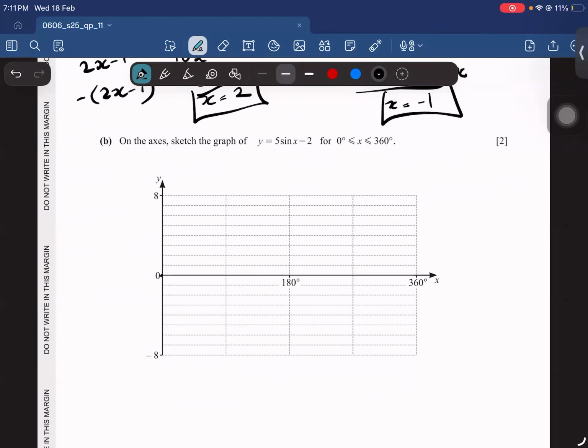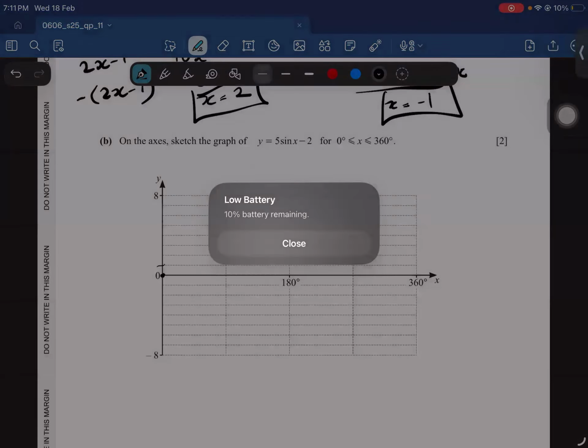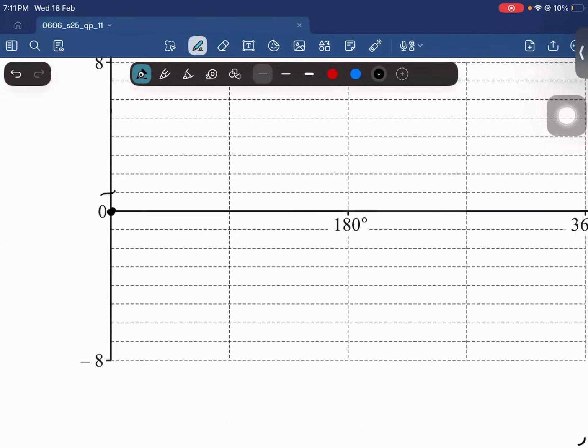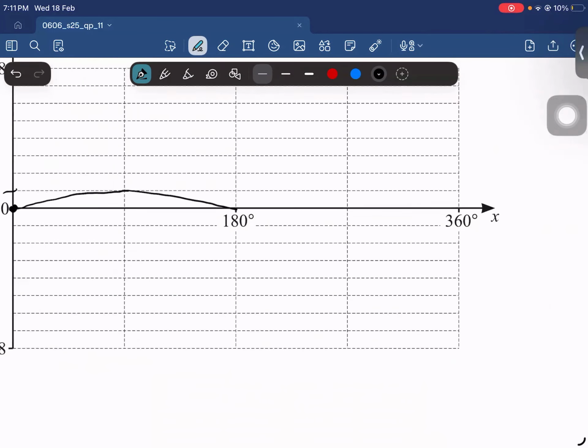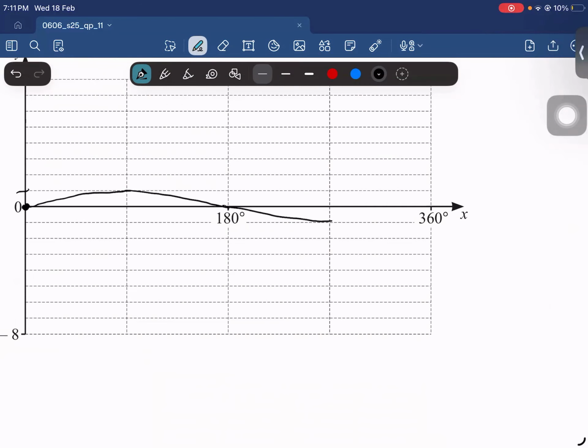Which starts at 0, and okay, this is a rough sketch, obviously. 1, 2, 3, 4, 5, 6, 7, 8. Okay, that's 1. Starts at 0, goes up to 1, comes back down, goes to negative 1, comes back up.